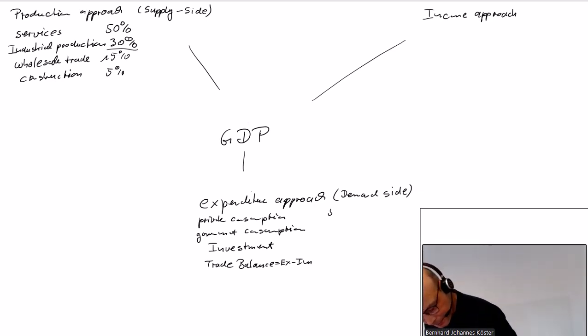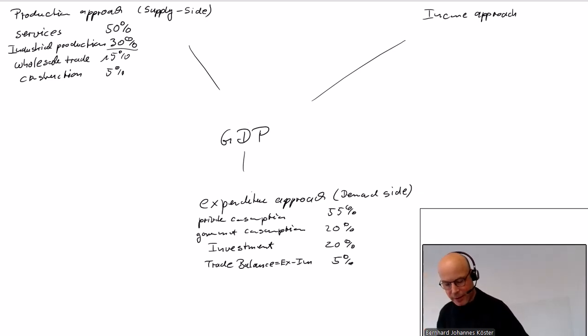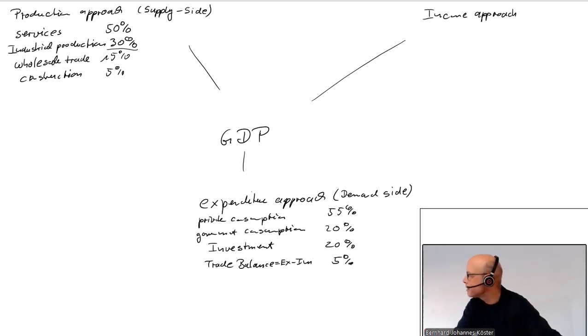Investment also 20, and then 5% is left. So these are, so to speak, the main numbers you should keep in mind.